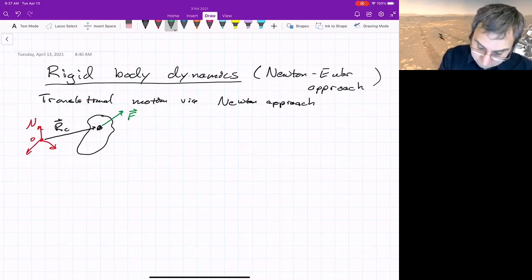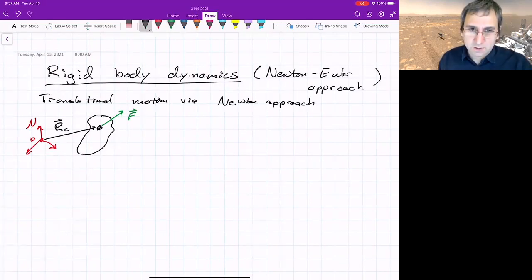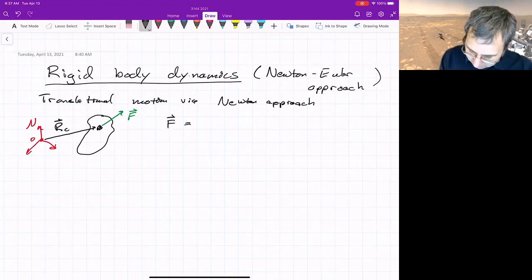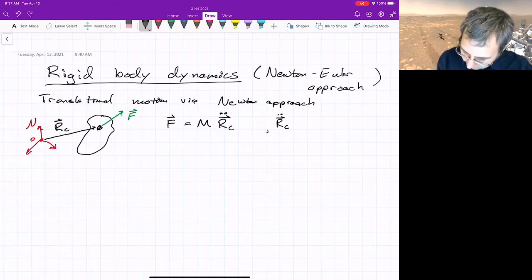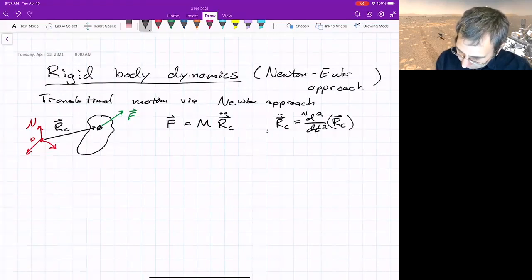So we have a total force on the body. The Newton approach is just that F is equal to the total mass times two inertial derivatives of the position. Right, R_C double dot is two inertial derivatives of the position.